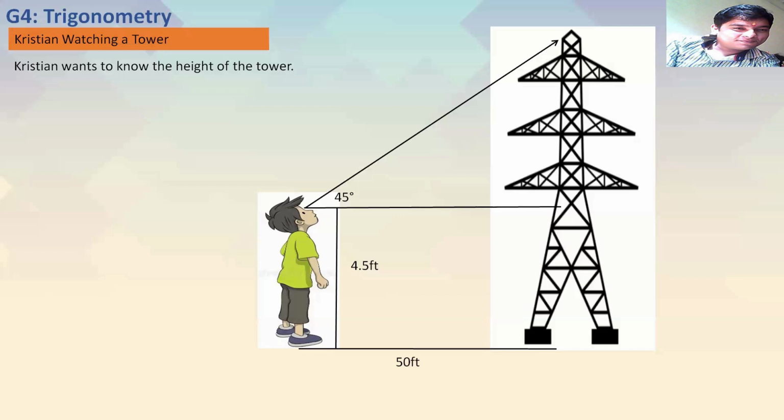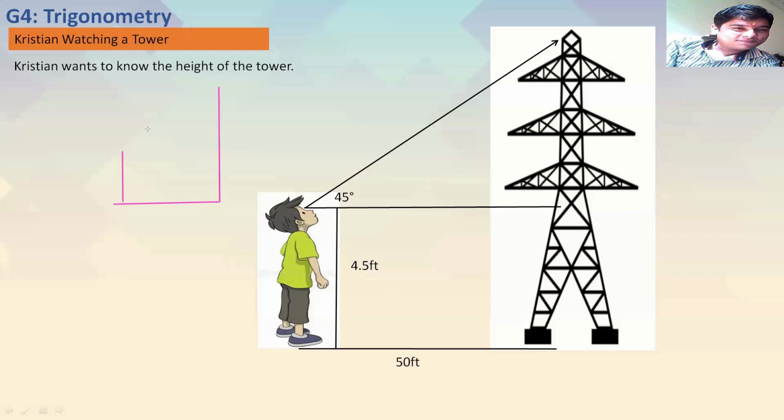So do we have a geometrical figure here? Do we have a couple of polygons in this figure? We have a triangle and a rectangle. Very good. So we can simplify this figure a little like this. Say this is you. This is the ground over here. And this is the tower.